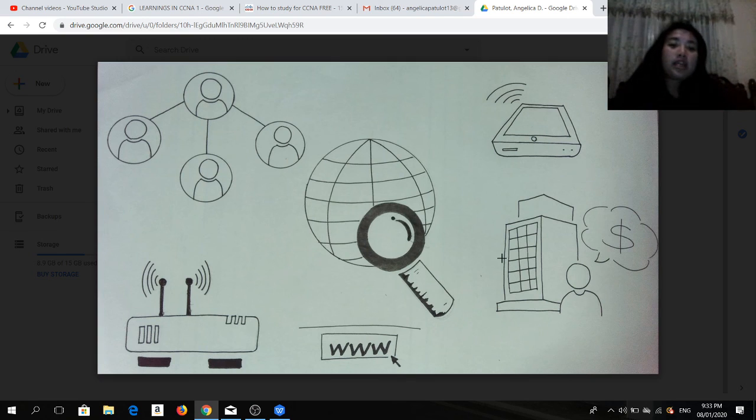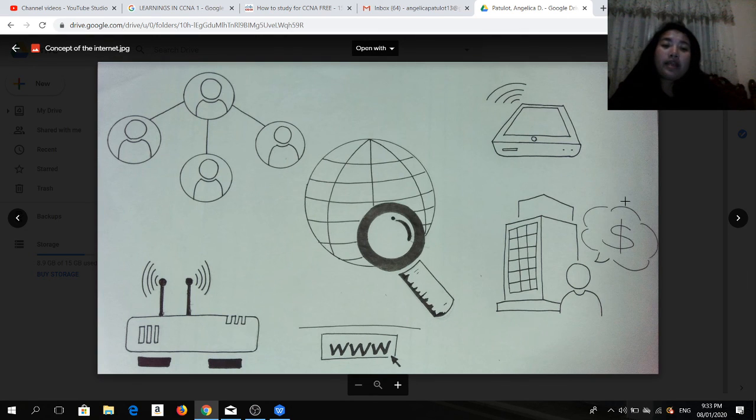Internet can also be used in making money because of the connections to other people.